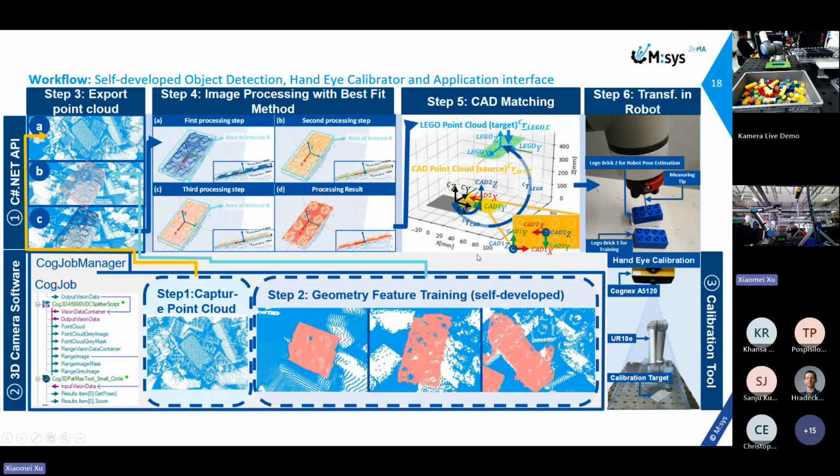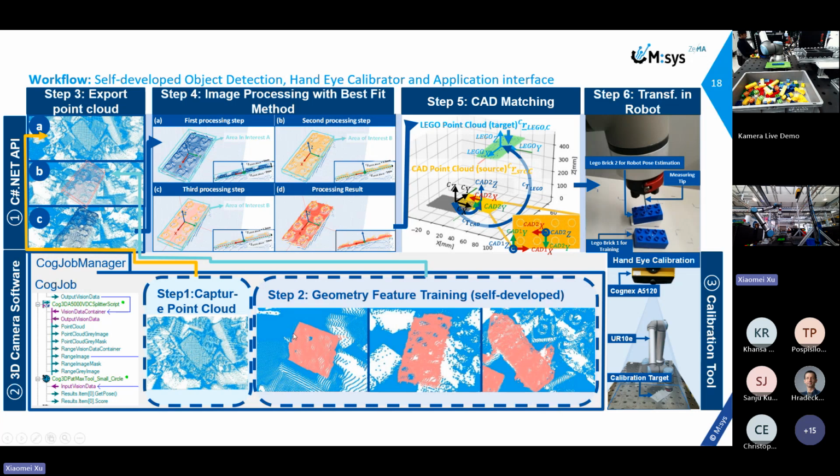In this research work, we need to build a Vision Pro project. The Vision Pro project consists of an acquisition tool and a self-developed detection tool. The acquisition tool gets a point cloud image from the camera or a file, and 3D HMS is used to train the features of the Lego brick to recognize Lego bricks of different sizes in new images.